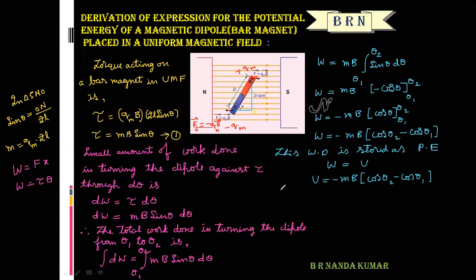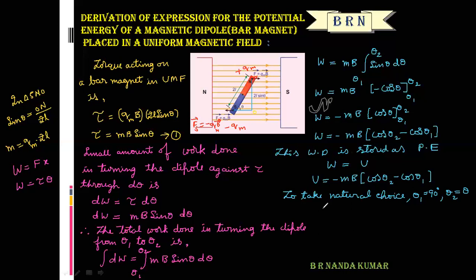After that, here we have to take a natural choice. So the natural choice is theta 1 is equal to 90 degree, and theta 2 is theta.